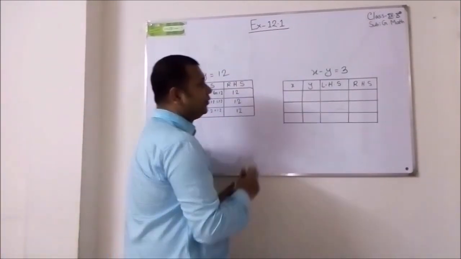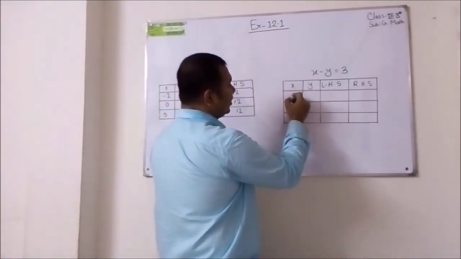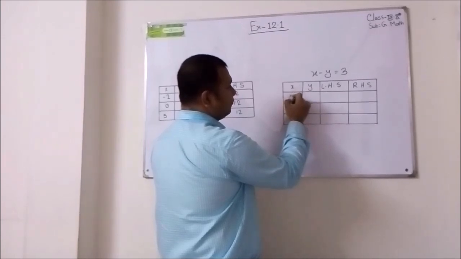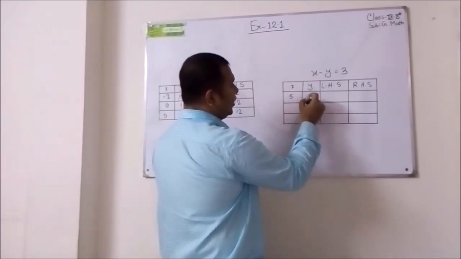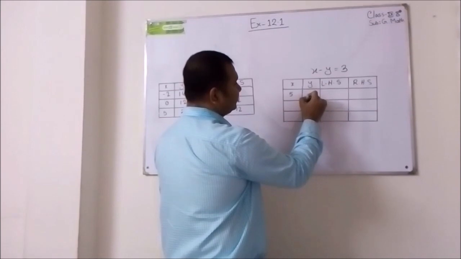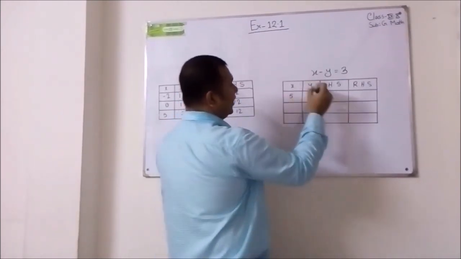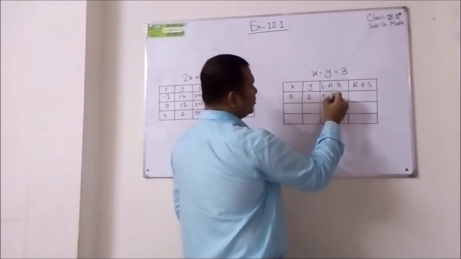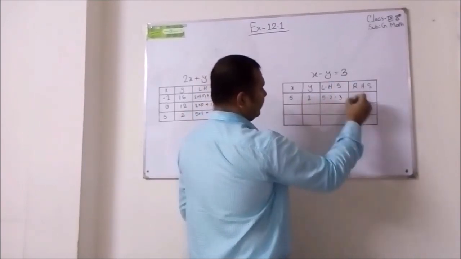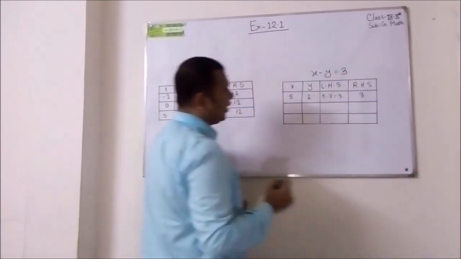Similarly here, if you take x equal to 5 and y equal to 2, then you will see that 5 minus 2 equals 3, whereas your right hand side is also 3.